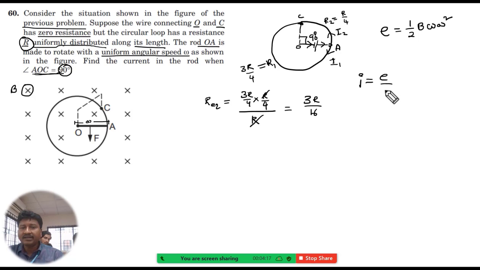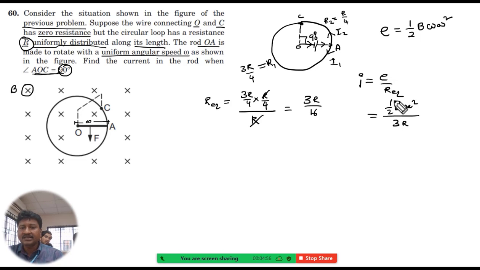So how much current will flow through that rod? That is EMF by R equivalent. EMF is half B omega A square, divided by 3R by 16.